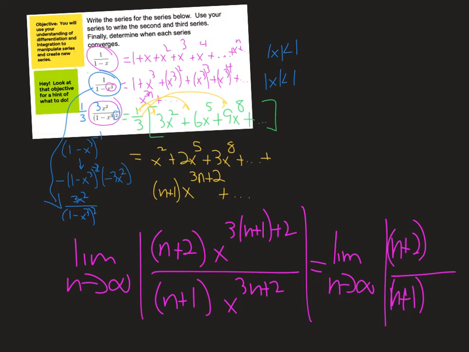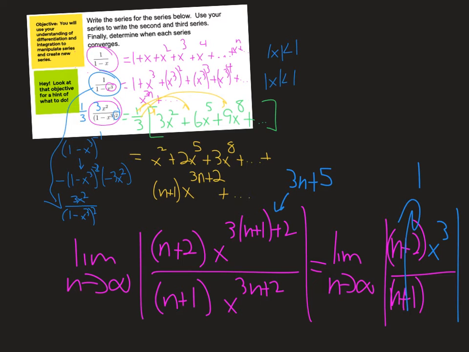That's going to be, let's write down what that is. That's going to be x to the 3n plus 3 plus 2, so plus 5. So subtract, so that's going to be x cubed. This goes to 1, so I still want absolute value of x cubed to be less than 1, so the same convergence.